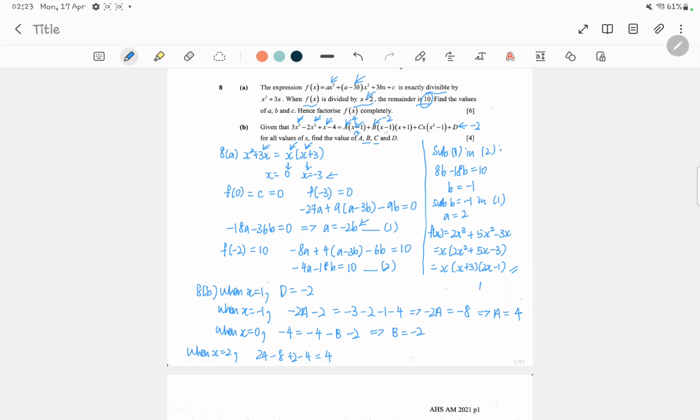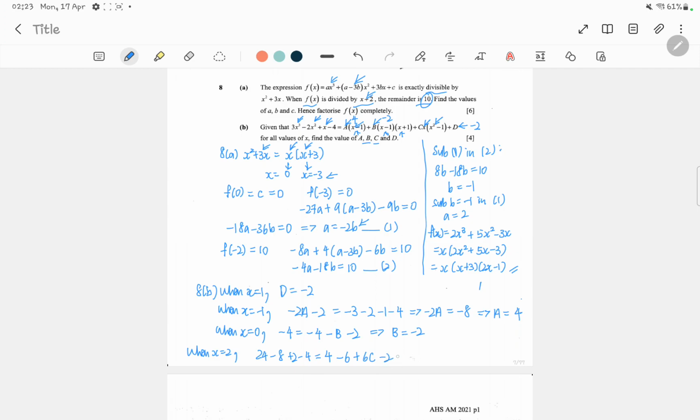And 2 minus 1 is 1. 2 plus 1 is 3. So 3 times 1 is 3. 3 times minus 2 is minus 6. And this 2 squared is 4, 4 minus 1 is 3, 3 times 2 over here is 6. So we have 6c over here. And finally, d is minus 2.